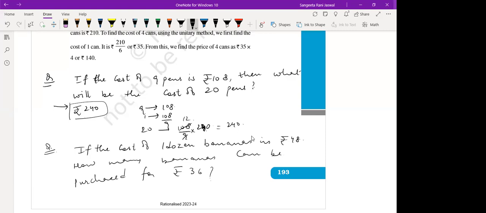Okay. If the cost of 1 dozen bananas is 48 rupees, then how many bananas can be purchased in 36 rupees?